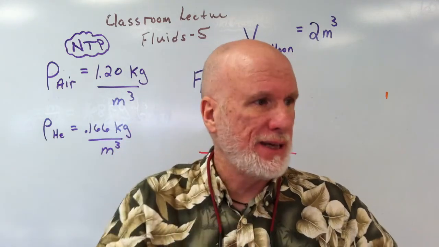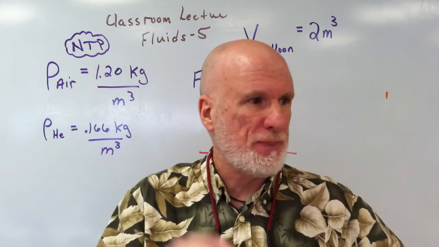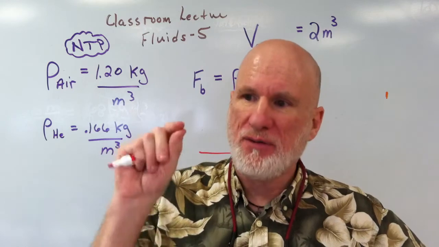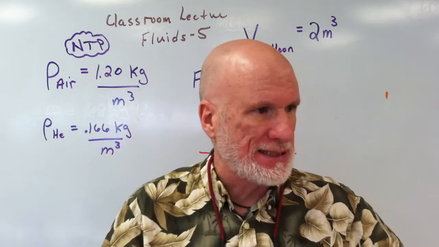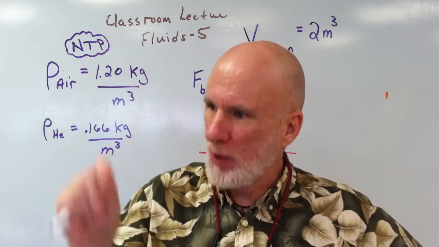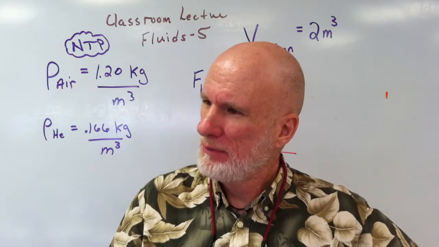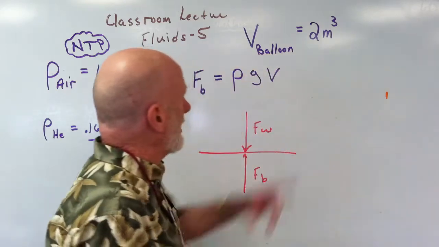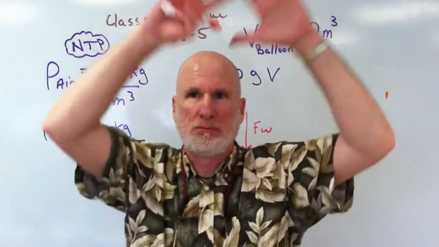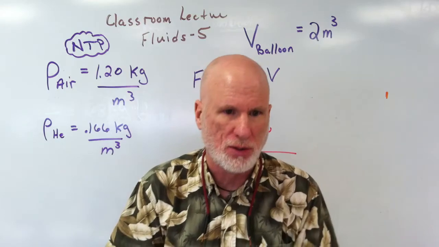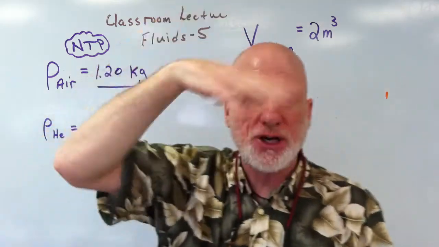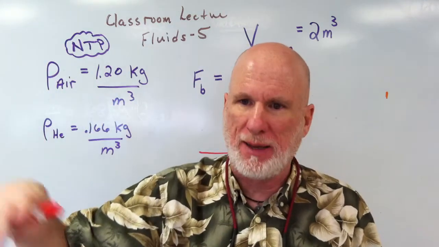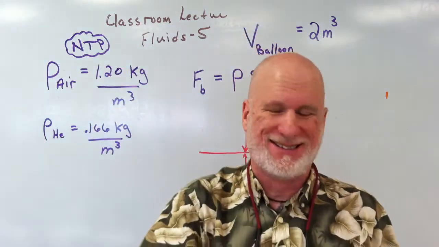So what that means is this, that if the ship is a 40-ton ship, that means the weight of the volume of water it displaces is equal to the weight of the ship. You understand that? Now, if I have a 2 cubic meter balloon, like a Goodyear blimp, a big balloon, not as big as a Goodyear blimp, but a balloon.